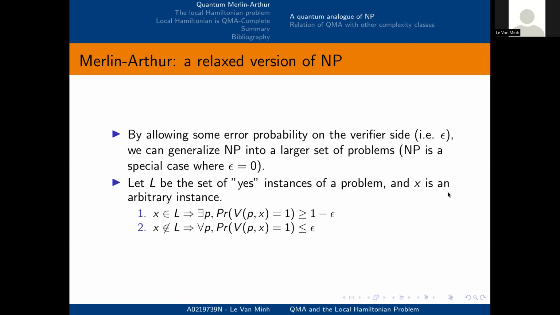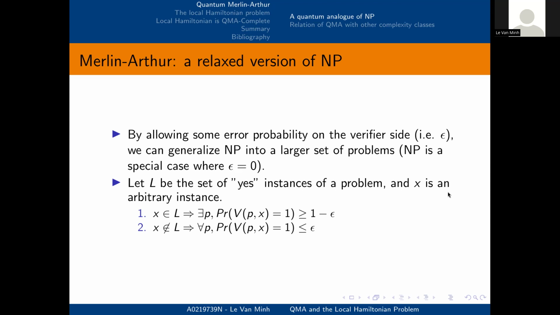On the verifier side, we allow some error probability so that we can generalize NP, where we don't allow any error probability, that is, epsilon equals 0. We can formally define Merlin-Arthur as follows.